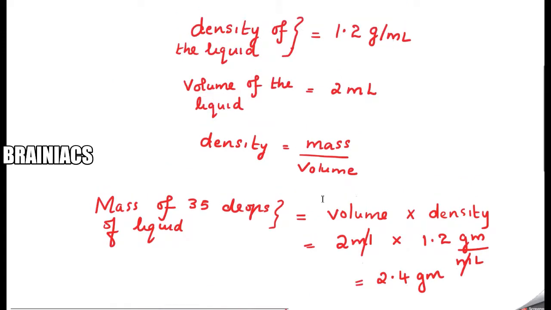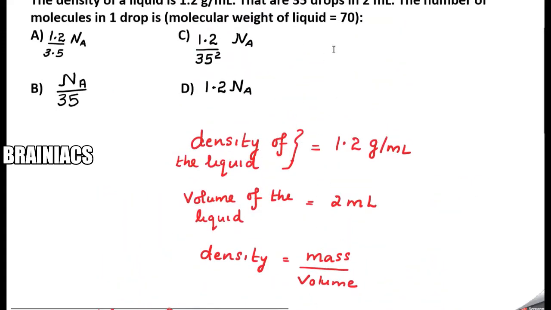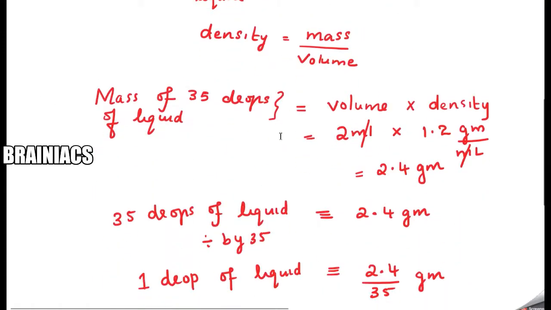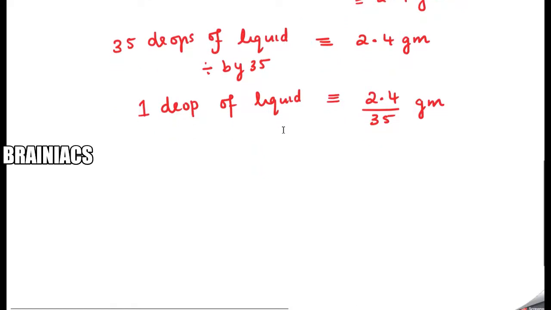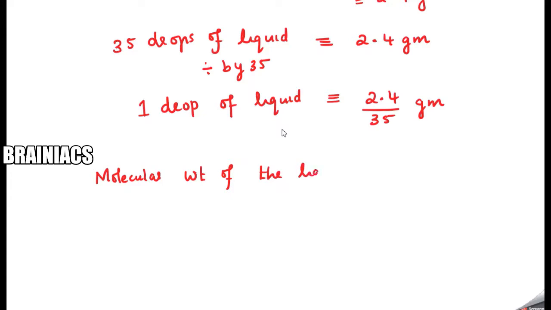They have given one more clue. Molecular weight of the liquid is given as 70. So we will note down here: molecular weight of the liquid is equal to 70 gram, molecular weight expressed in grams. Now tell me what is the relation between molecular weight of any substance and Avogadro number.